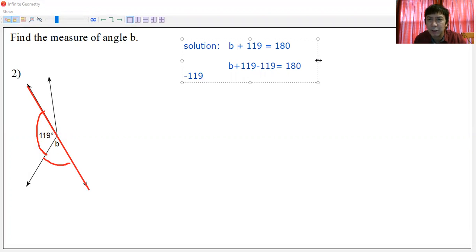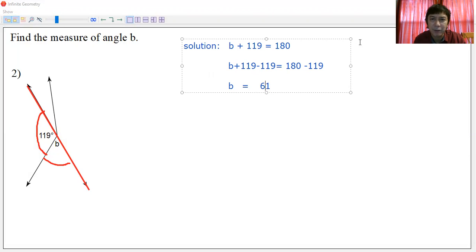We just did the subtraction property from both sides. The next line, the left side will just be the variable B, and the right side the difference. So that will be how much? That becomes 61 degrees. Okay, so that should be it.